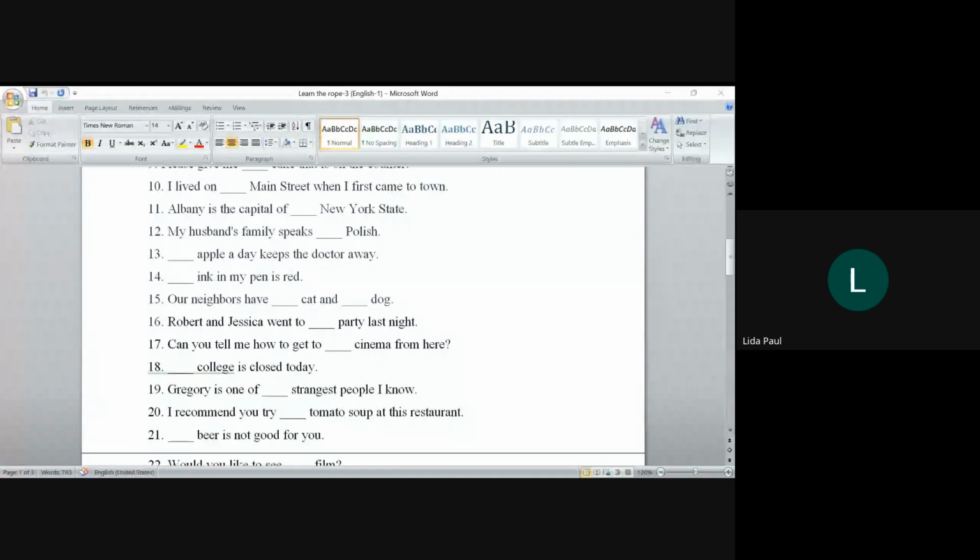But in case I say, dash mother's love gives you a lot of strength in life. Will this one have an article or will this not have an article? The mother's love, is it?